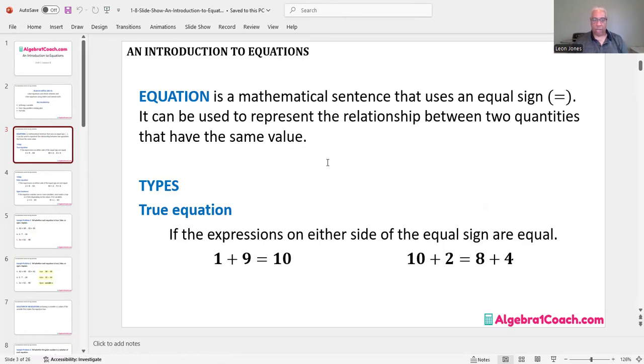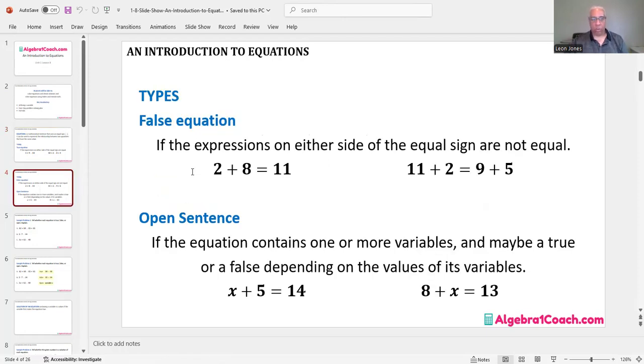Again, types: we have a true equation if the expressions on either side of the equal sign are equal, and this is what we have here: 10 plus 2 equals 8 plus 4, 12 equals 12, 1 plus 9 equals 10. That's true.